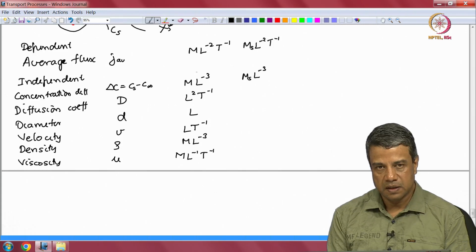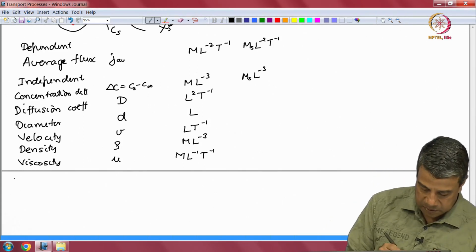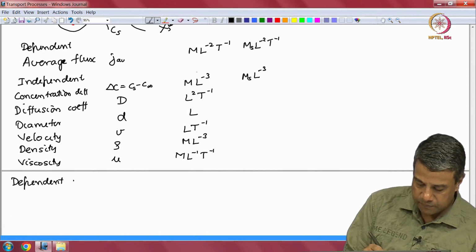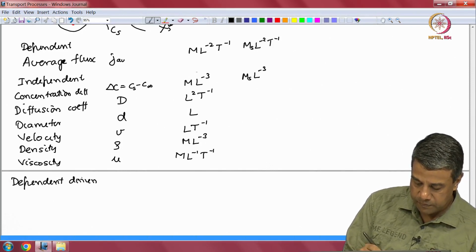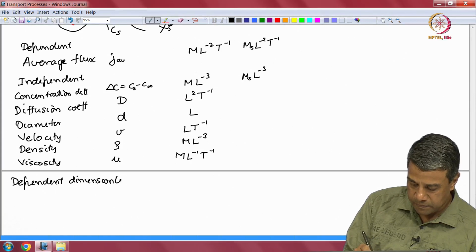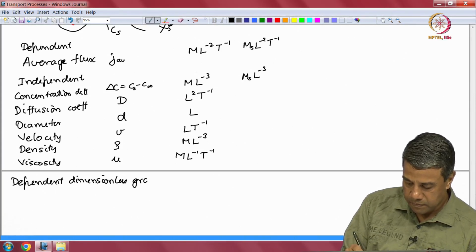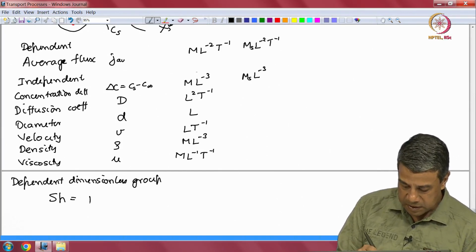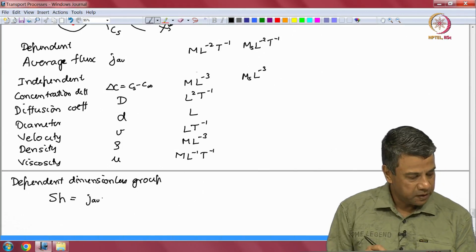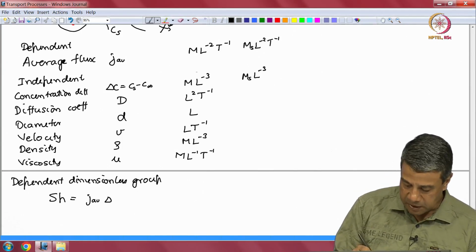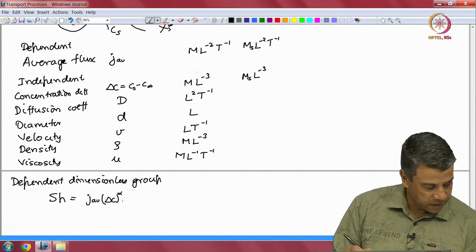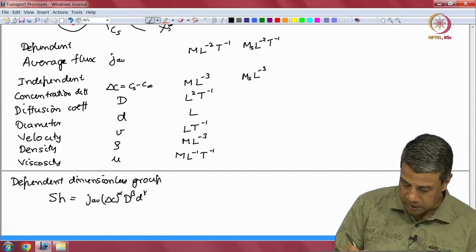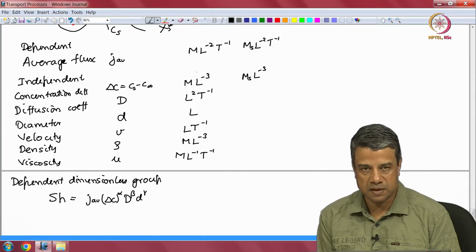So, this dependent dimensionless group has the average flux, and it should be dependent upon delta C per alpha, d per beta and the diameter per gamma. So, that is the general expression.